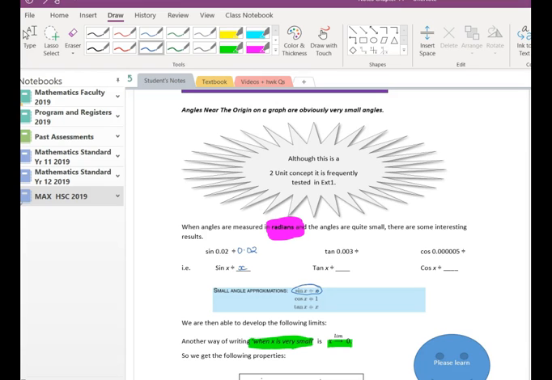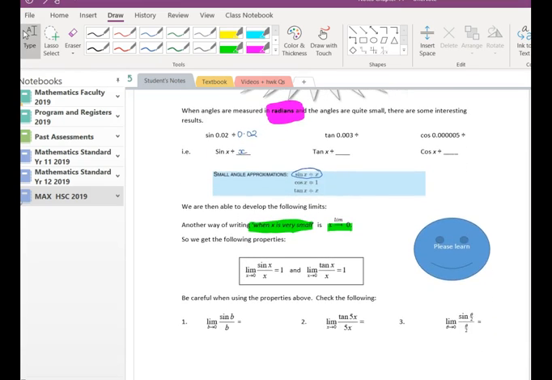Let's have a look at the application of that. Like it says here, we get this property that the limit as x is getting very, very small, the sine of x on x would actually be 1, because what could we replace sine x with?